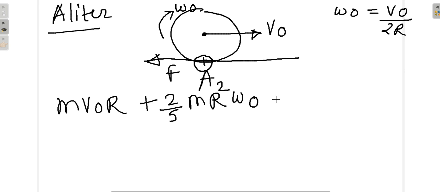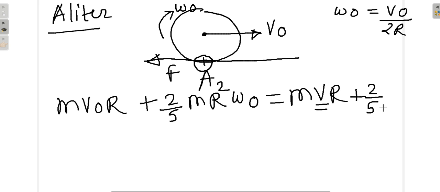When the body attains pure rolling, the angular momentum due to translational motion will be m into v into r, where v is the velocity of pure rolling, plus 2 by 5 mr square into omega, where omega is also the value when there is pure rolling. Now when there is pure rolling, you can write omega as v upon r.